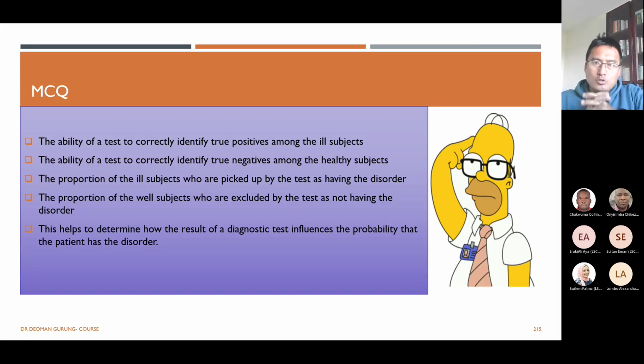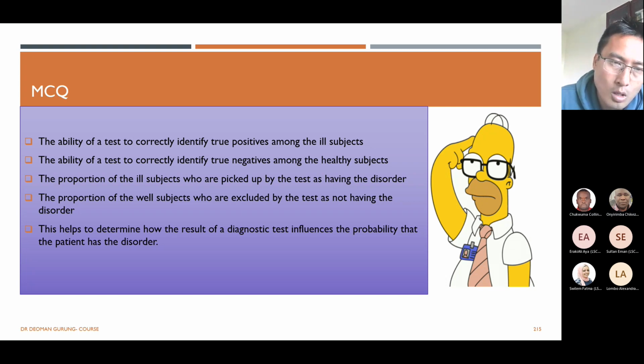Okay, so let us do some MCQs. The ability of a test to correctly identify the true positives among the ill subjects, what is it? Sensitivity. The ability of a test to correctly identify the true negatives among the healthy subjects. Specificity.